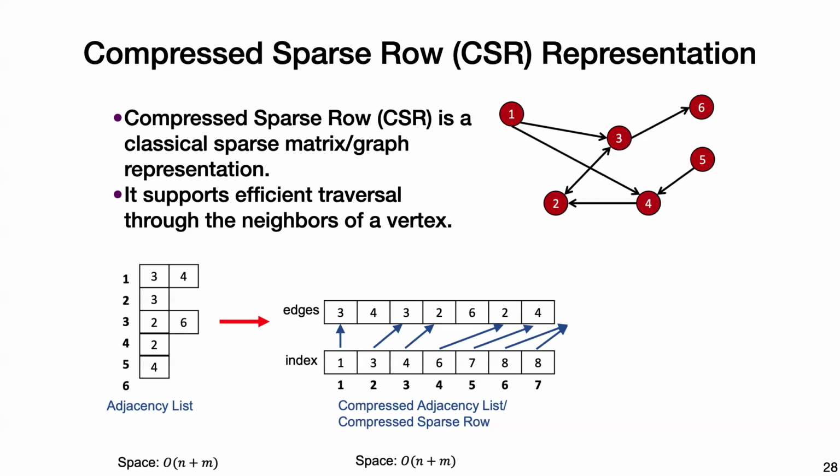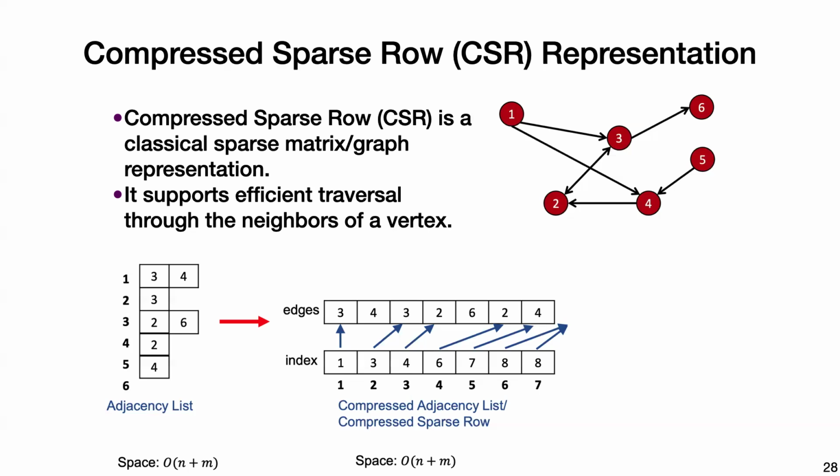Questions? Yeah, so you can see how to convert between these formats. Let's say you were given something in this form, adjacency list, and you wanted to convert it into this form, CSR.